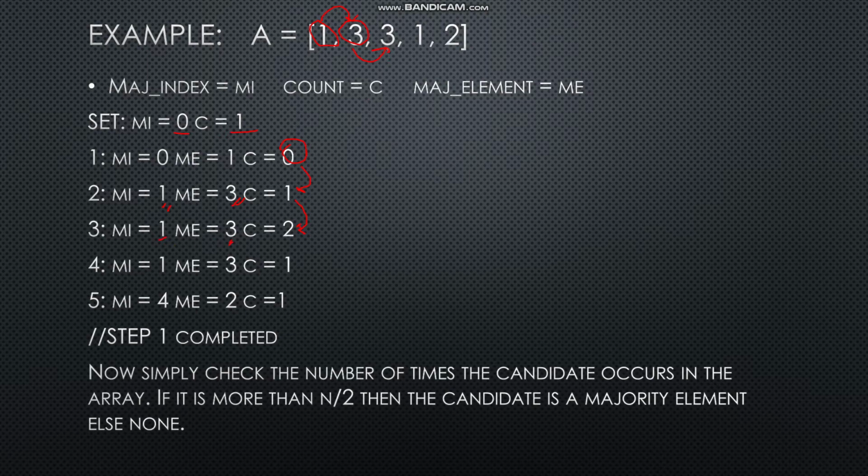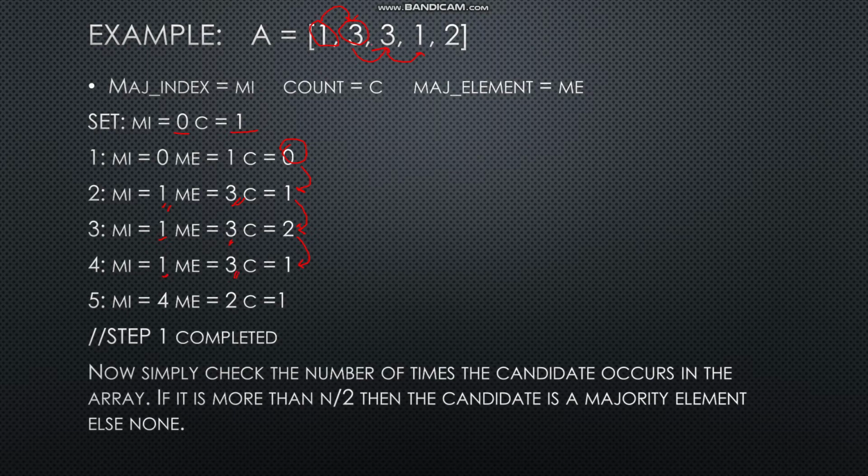Now we will compare 3 with 1, and they are different. Then we will decrement the count to 1. It is not 0, so still the index and the element will be the same.